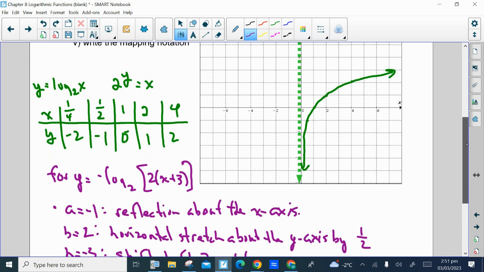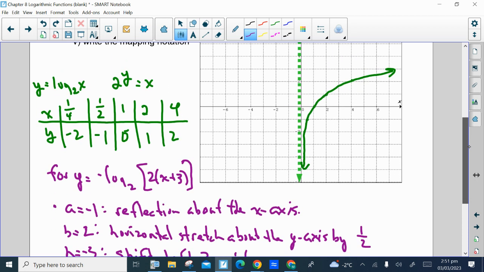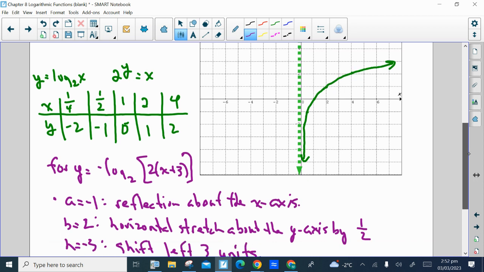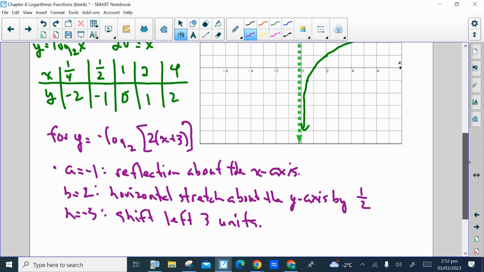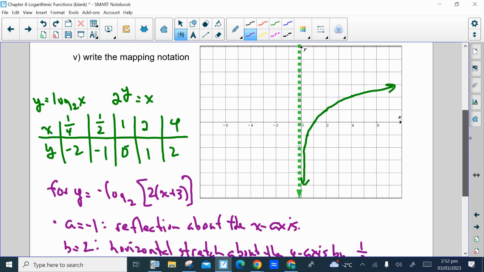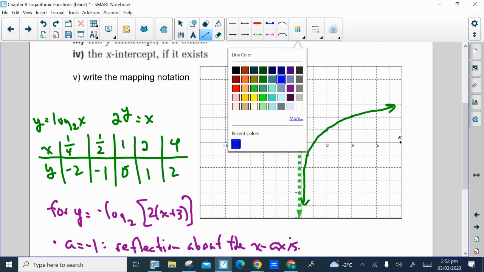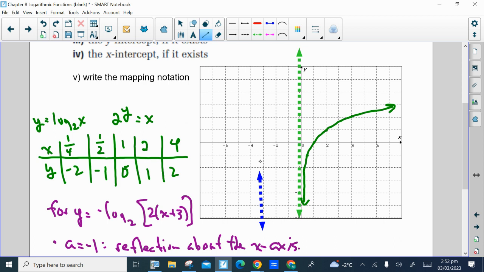So remember how we did these before. We took our original points and we did these transformations. Because it goes left 3 units, we know that the vertical asymptote will go left 3 units. It'll be at negative 3.